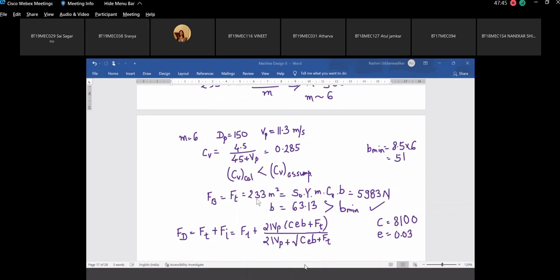Means FB by 233 m square is 8,391.6. And for FB you are using this formula, right? 233 into 6 square. Yes, ma'am. 233 into 6 square, it's coming to be 8388.